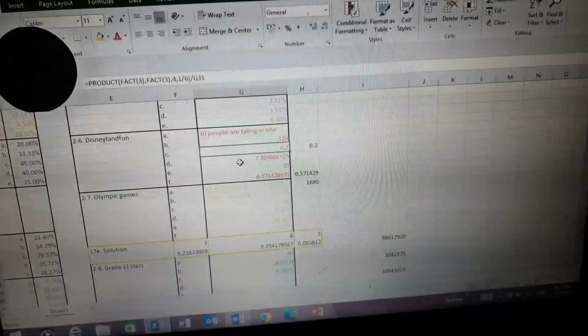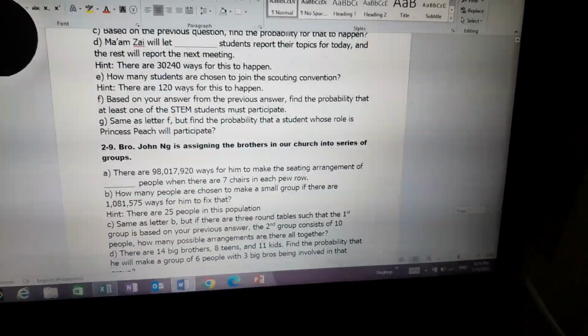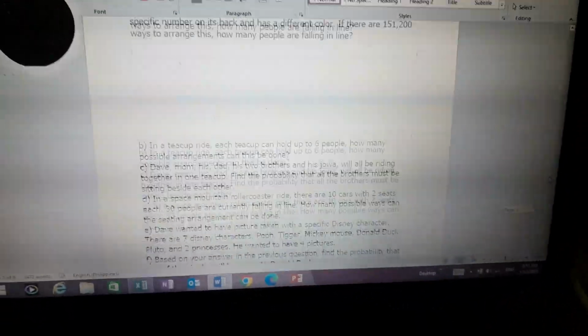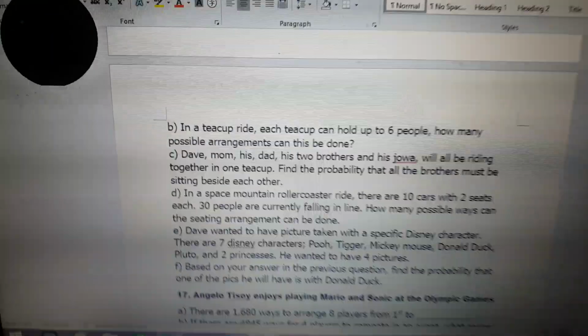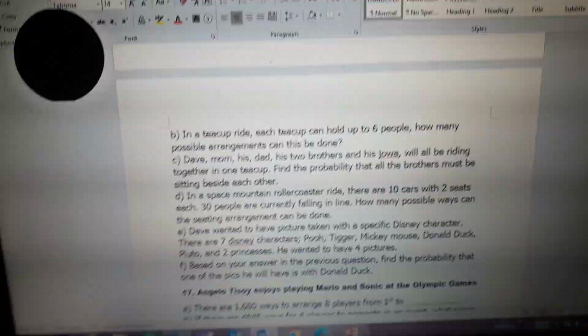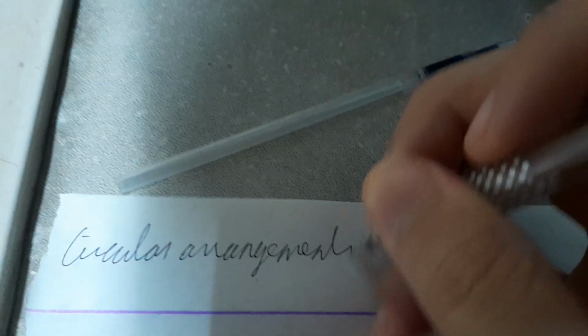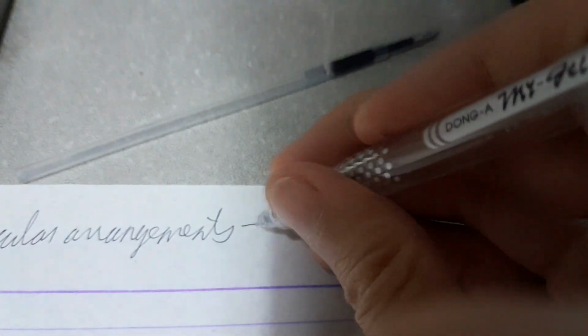I just want to give you a little update for one of the items here. Earlier, in item number 6, remember this question: in a teacup ride, each teacup can hold up to 6 people. How many possible arrangements can this be done? Remember the formula for circular arrangements: n minus 1 factorial.